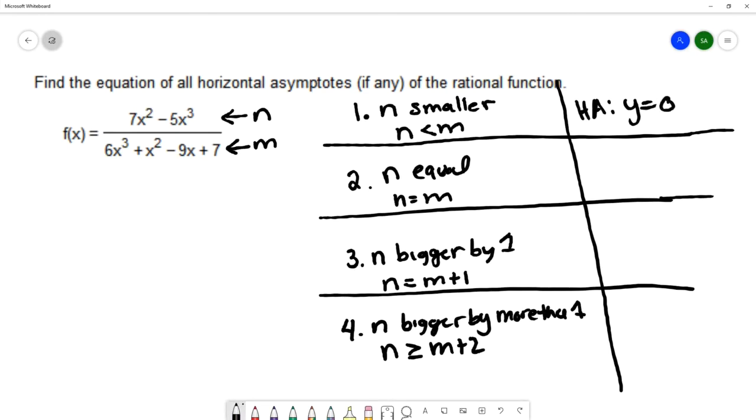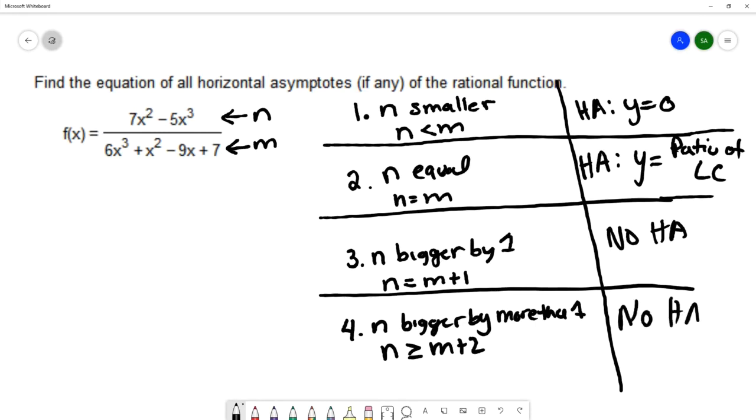In the second case, when the degrees are equal to each other, your horizontal asymptote is going to be y equals the ratio of the leading coefficients. In the third case, we have no horizontal asymptote, and in the fourth case, we have no horizontal asymptote.